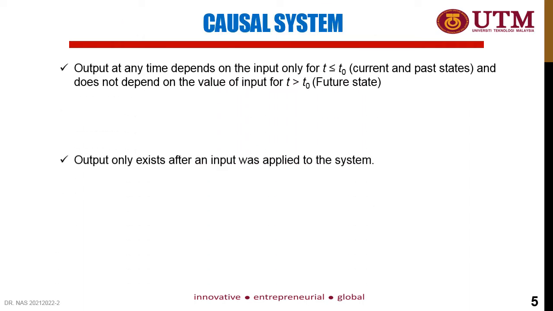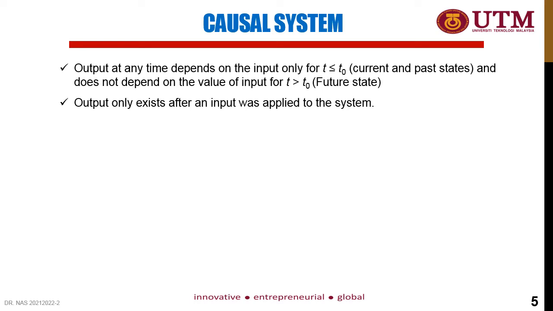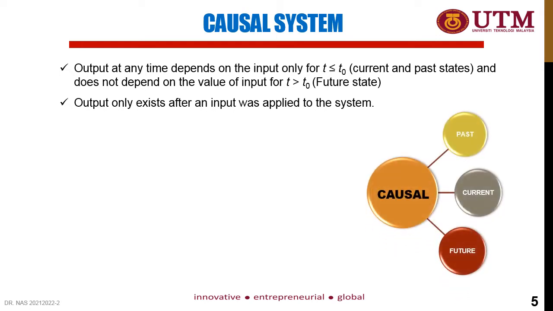Okay, let's start with the first system classification, which is the causal or non-causal system. A system is said to be causal when the output of the system at any time depends only on the input when t is less than or equal to t0. t0 means the current state. It does not depend on the input for t larger than the current state t0.